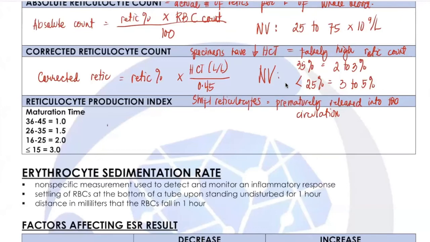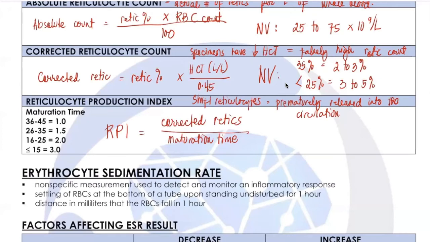So what is the formula for the reticulocyte production index? RPI is your corrected reticulocyte count divided by your maturation time in days. So the maturation time depends on the hematocrit value of the patient.